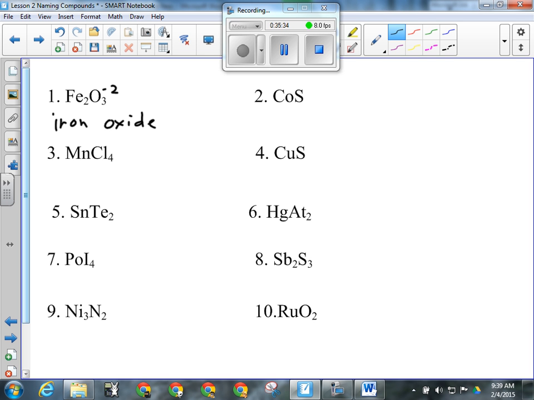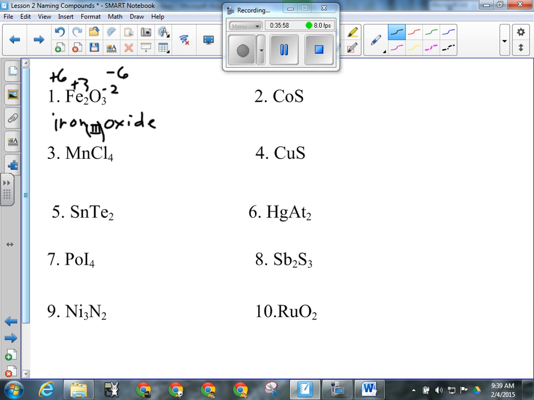So how many negative charges are there here? Right, there's 6 negatives. That means I need 6 positives to make this compound work. If I only have 2 iron to do that with, each iron is +3. So this is iron 3 oxide.